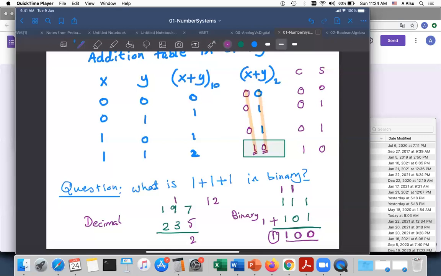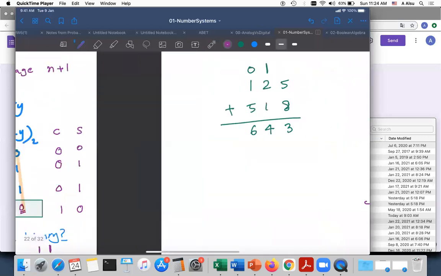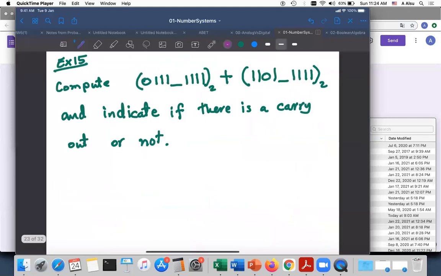So it depends on the question. If the question says, for example, indicate if there is a final carry, then you should say this is the answer with the final carry. Okay, so this is an exam question. We would like to compute 0 1 1 1 1 1 1 1.